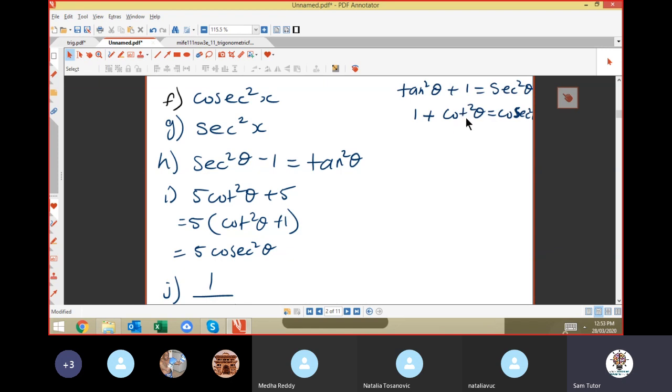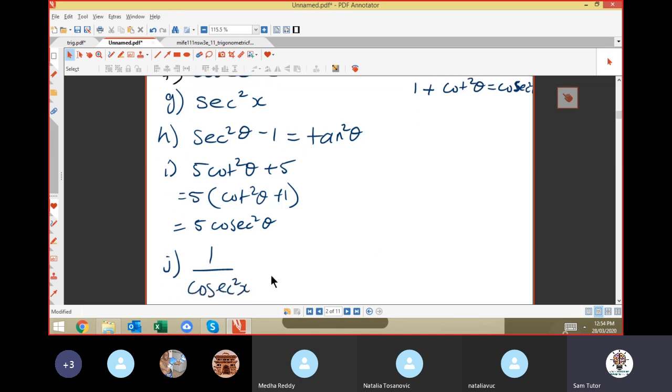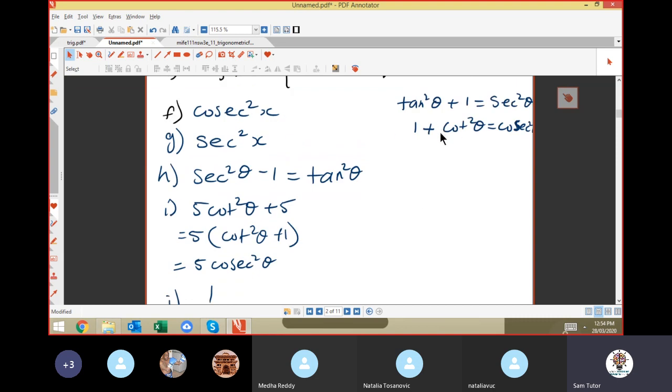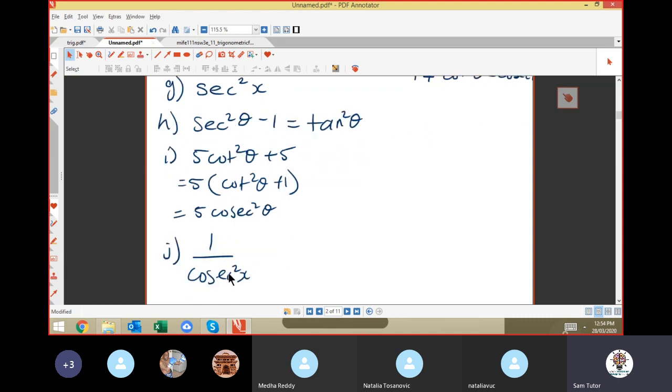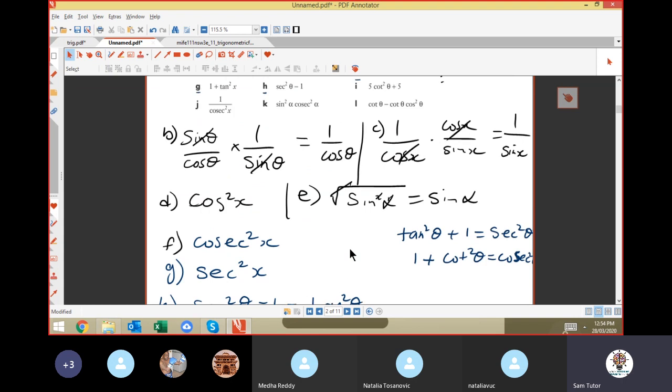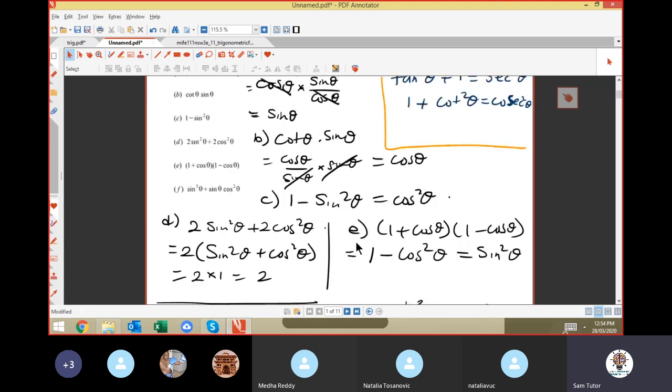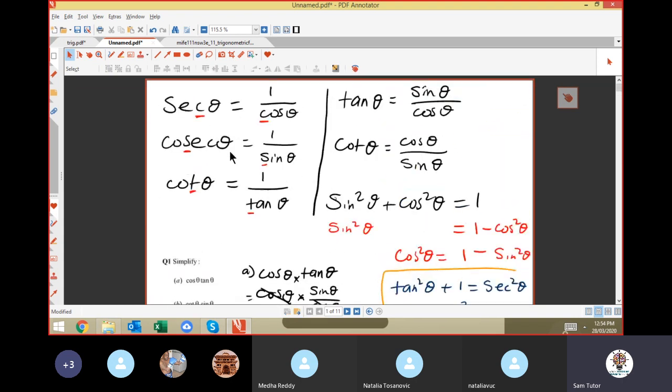Cos over sine. So that still needs to be simplified a bit more, so that isn't the right one to put in. The one they're looking for is this one here. What does cosec theta equal to? 1 on sine theta. So what would cosec squared theta also equal to? Cosec squared would equal 1 on sine squared.